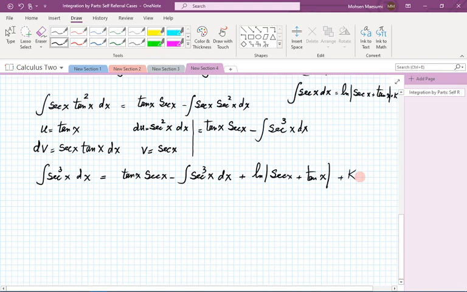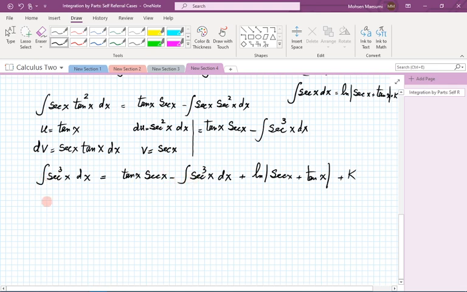Or you can always bring the constant at the very end. Now I take the secant cubed here, which is being subtracted, and take it to the other side. So here's a self-referral. You want to calculate this, and on the other side is the same thing. So long as the coefficients are different, we actually have it made.